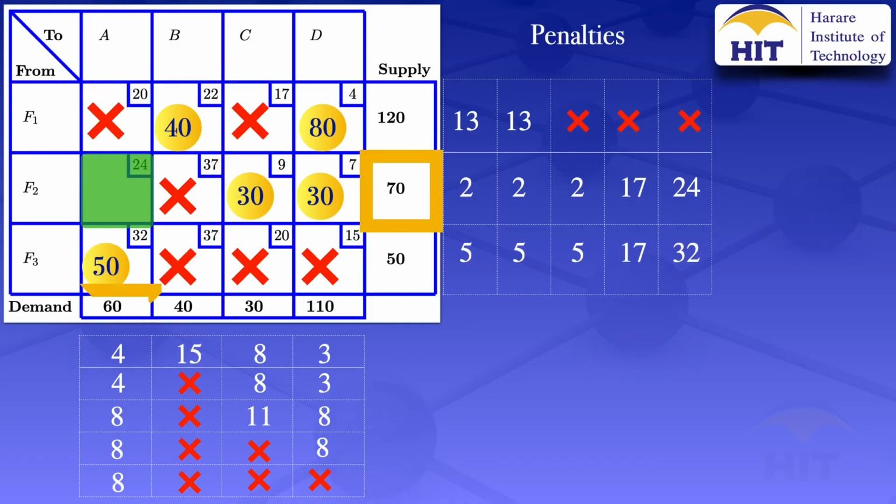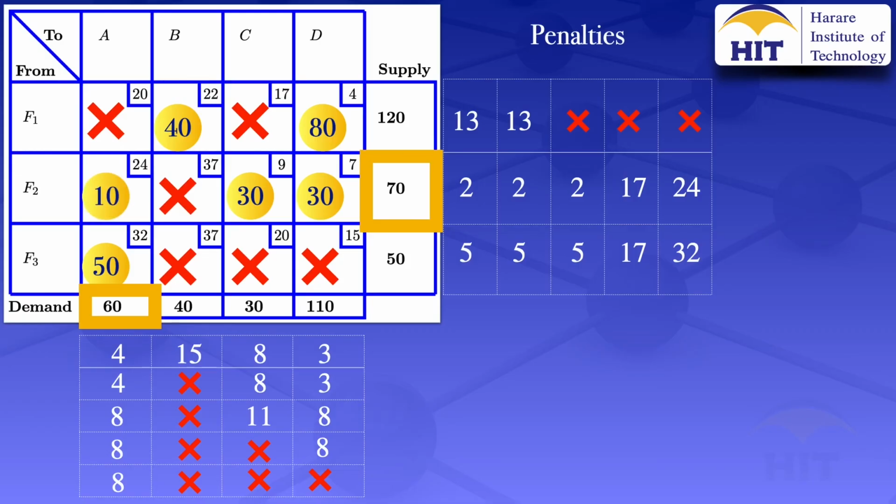For the demand constraint, we have a 60, but we've already allocated a 50 there. So it would be 60 minus 50, which is a 10. So we can allocate 10 units in that cell. So I'll go on and allocate 10 units.